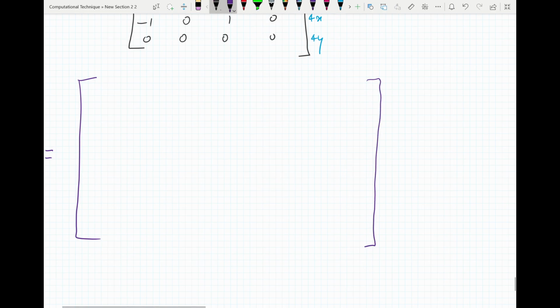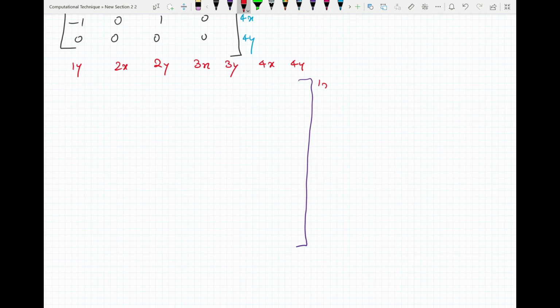So it will be 1x, 1y, 2x, 2y, 3x, 3y, 4x and 4y. Here also 1x, 1y, 2x, 2y, 3x, 3y, 4x and 4y.